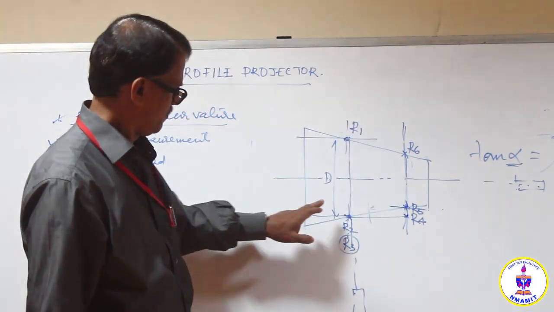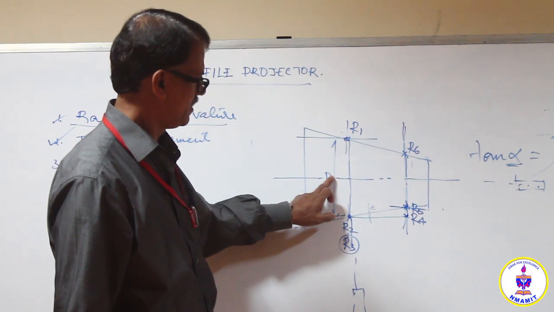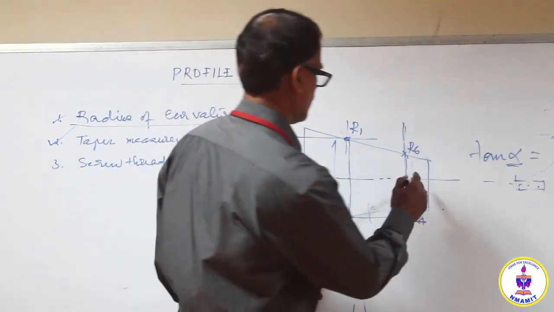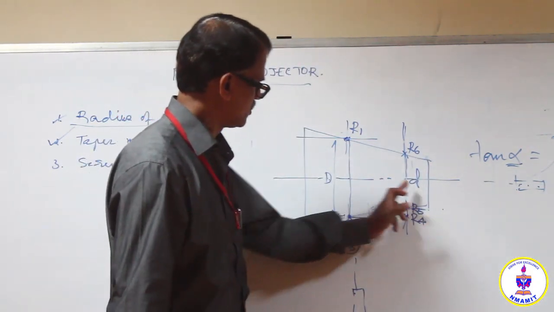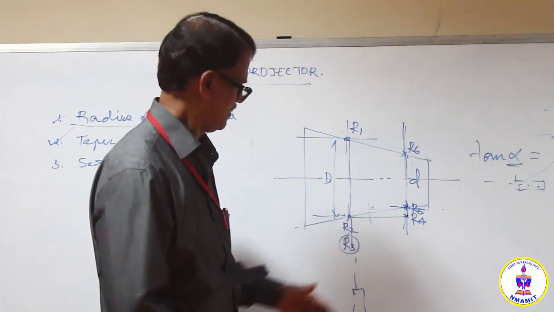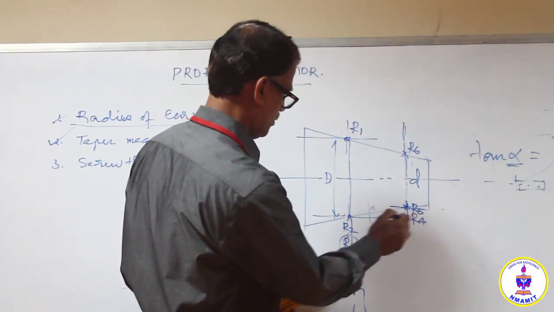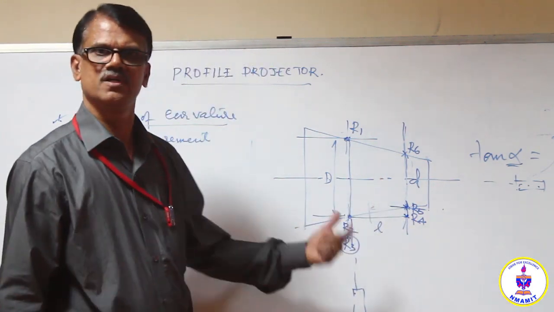So here we have measured the diameter at this section as larger diameter D, and we have measured the diameter at this section as smaller diameter d, and the distance between these two sections is here, that is L, the distance L, that is nothing but R4 minus R3, or R3 difference R4 depending upon the position.